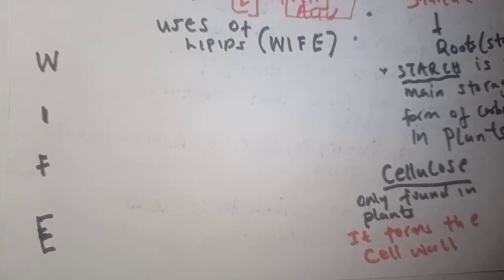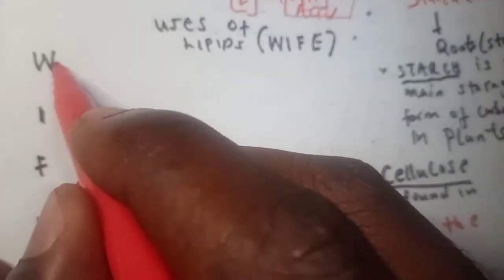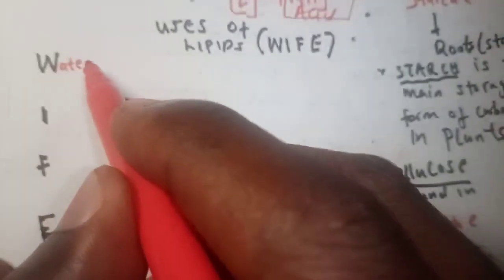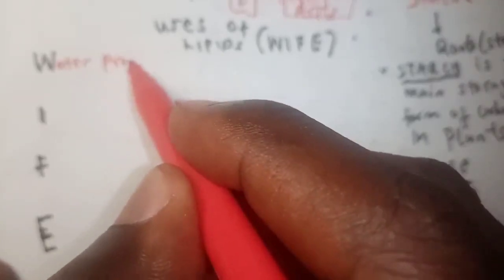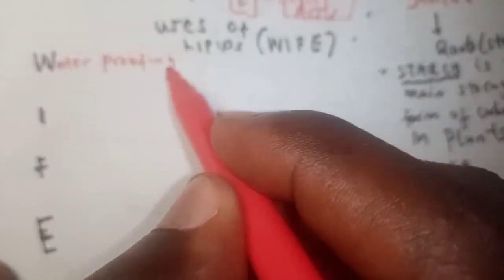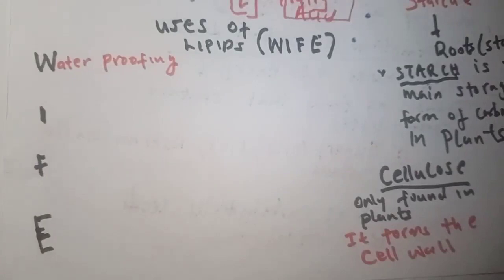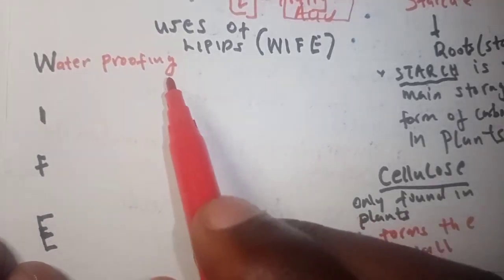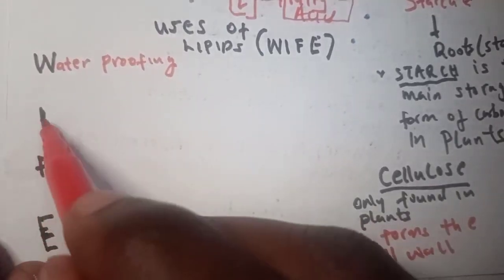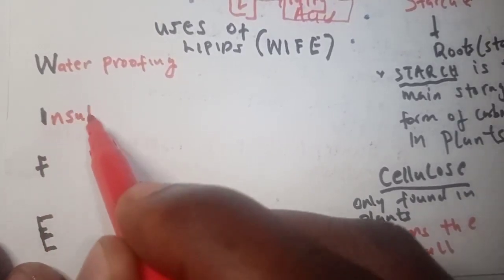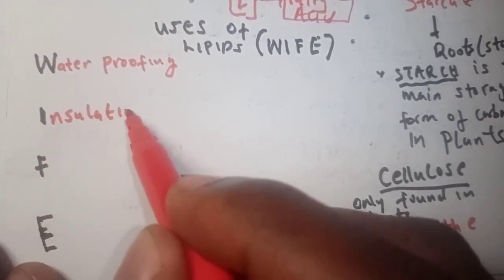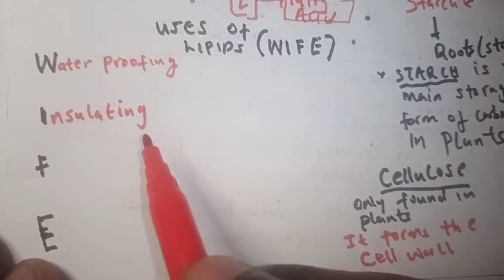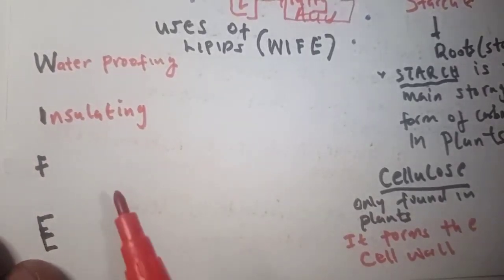First one, they're used for waterproofing. On our skin we have fats, and these fats prevent water from getting into our bodies. Then the I is for insulating.